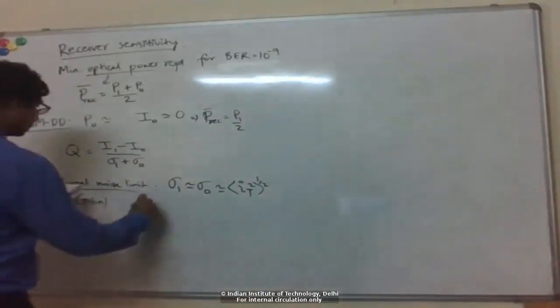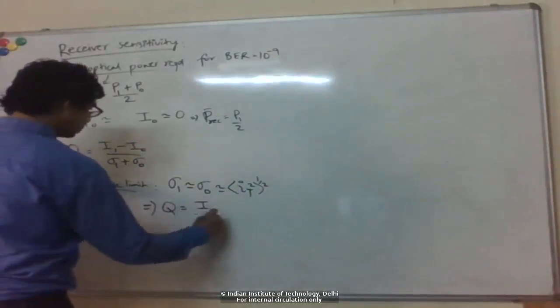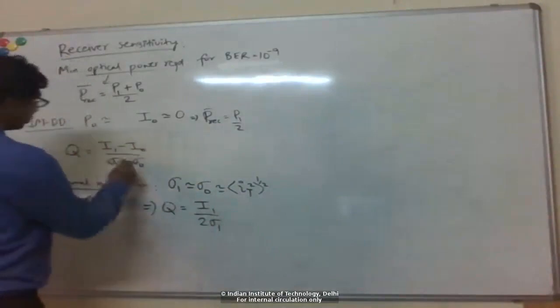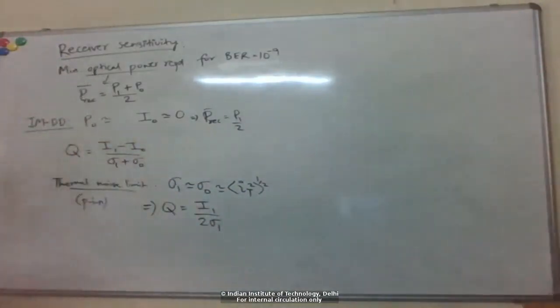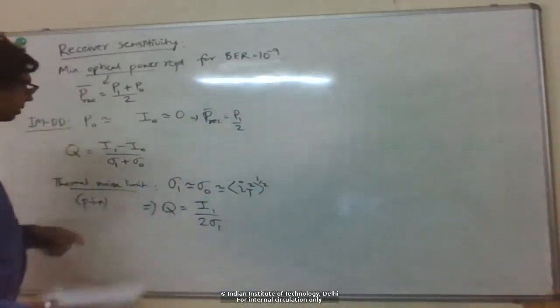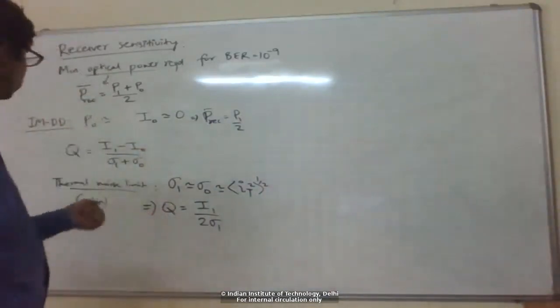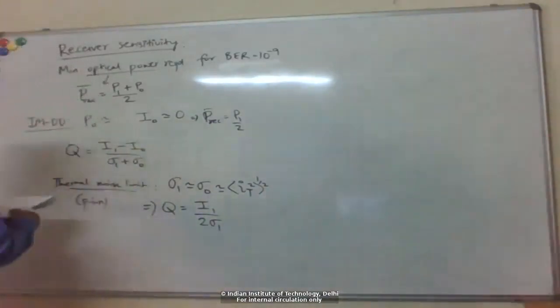So Q will be just I1 divided by 2 sigma, because sigma 1 is equal to sigma 0. We discussed last time that this Q looks something like the square root of the SNR, and we can see that more specifically here.